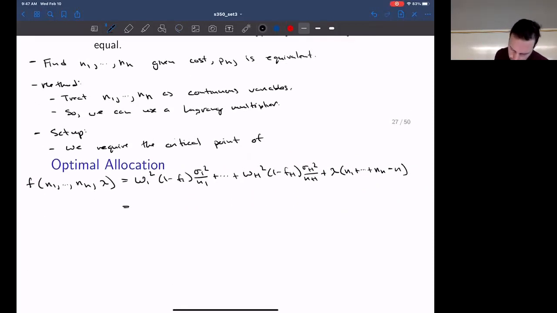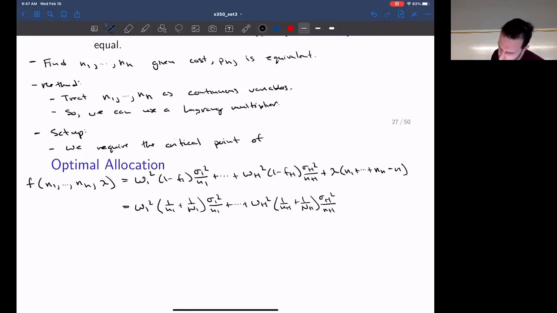So this is equivalent to w1 squared (1 over little n1 minus 1 over capital N1) sigma 1 squared, plus wh squared (1 over little nh minus 1 over capital NH) sigma h squared, plus lambda (n1 plus nh minus n).